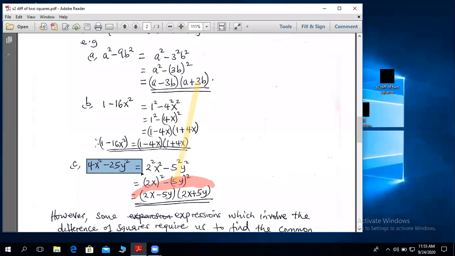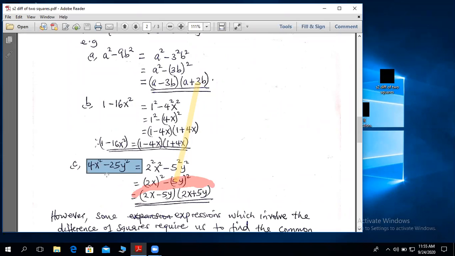And what you get should be the product of the sum and difference. Product means multiplication. So you multiply the sum of the two numbers which are squared and their difference.